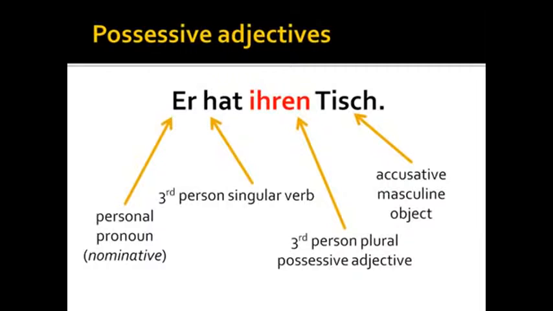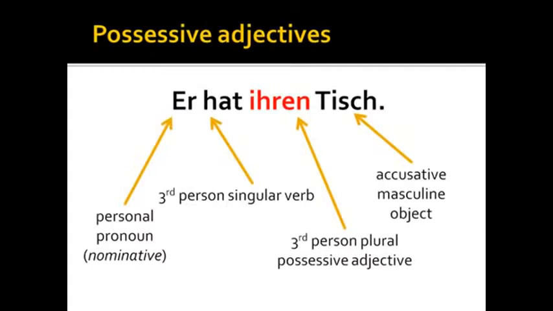It still receives an en ending. Why does it receive an en ending? Because it is still an accusative object. It is still a masculine accusative object that receives the action of being had. Therefore, the possessive adjective that modifies that noun has to be accusative, and it has to have an en ending on.